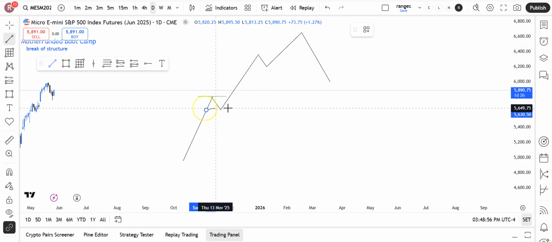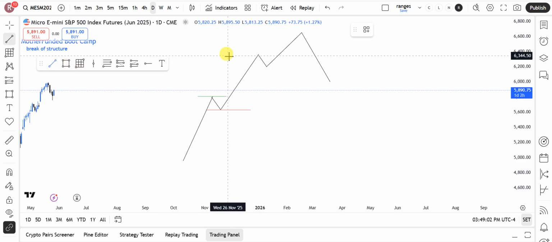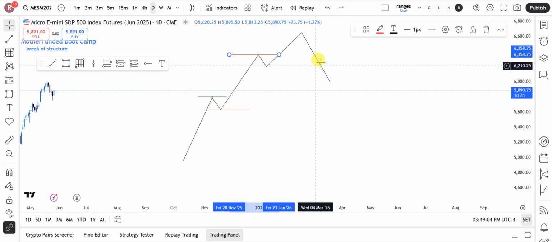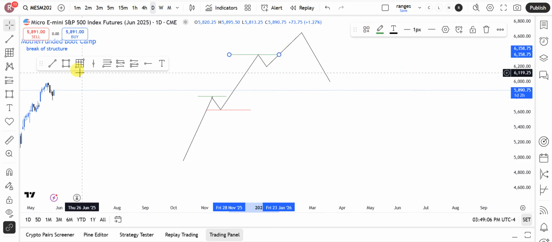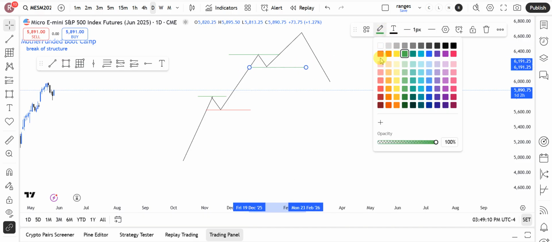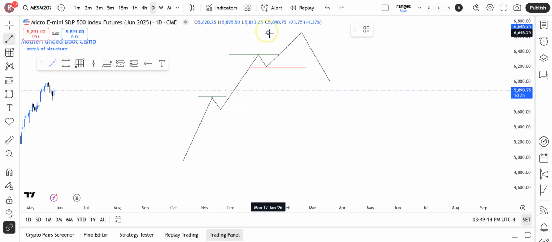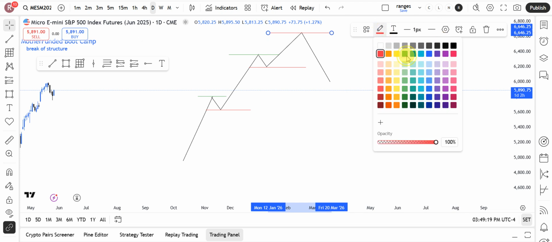Anyways, there's a swing low right here. I'm going to do that with red. Got another swing high right there. Green, swing low, and swing high. You can see where we're going with this.